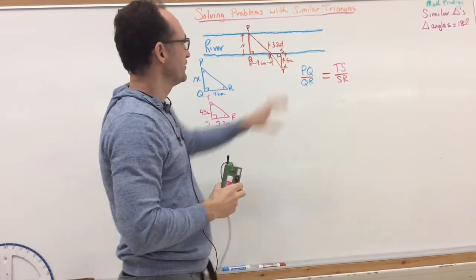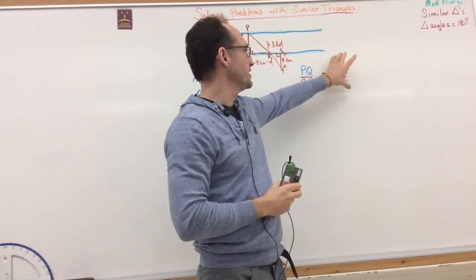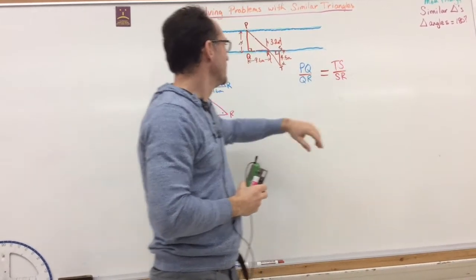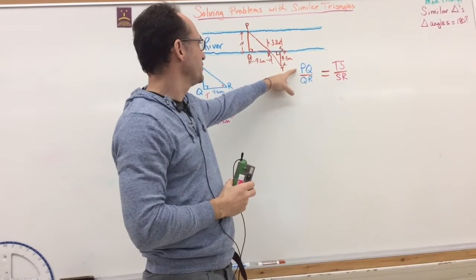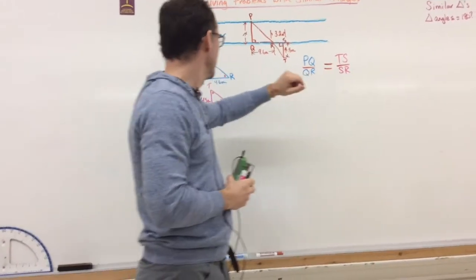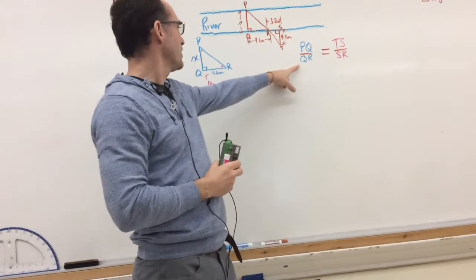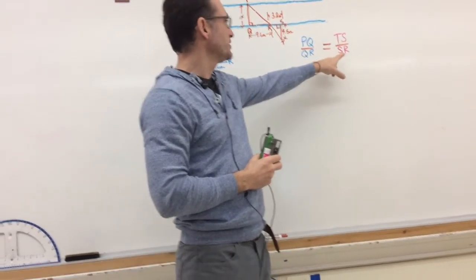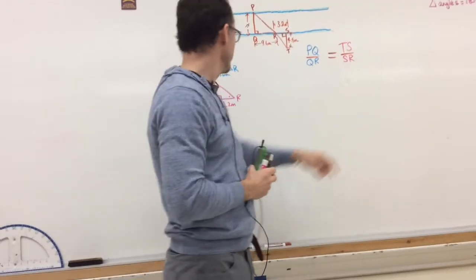So looking at this, you have the blue triangle on one side and the pink triangle on the other side. You have PQ's value here and the corresponding side, TS, here. You have your constant QR here and the corresponding side SR over here.